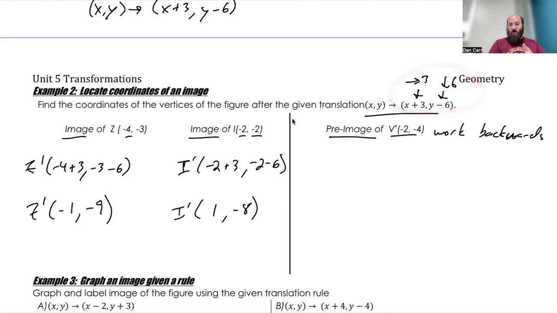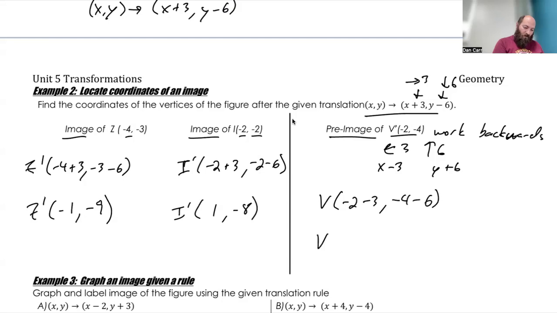Going to the right 3 and down 6 was the result, so I'm going to go the other direction with that. I need to go left 3 and then up 6. So really I'm doing x minus 3 and then y plus 6 here. That means V is going to equal -2 minus 3 and then -4 minus 6. So the original image is going to end up being -5, +2.